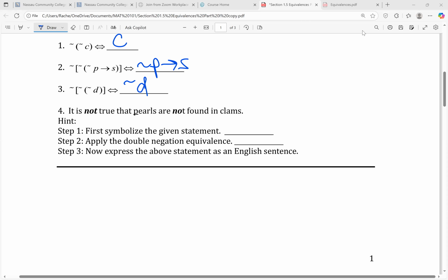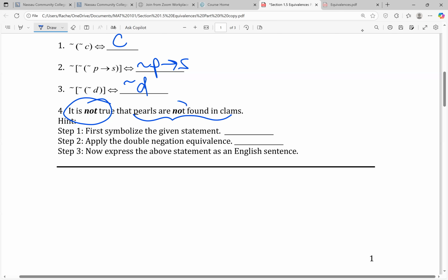So let's symbolize the given statement. It says, it is not true that pearls are not found in clams. The simple statement is that pearls are found in clams, and what we're doing is negating it because we're saying it's not true that. So we're going to use P to represent pearls are found in clams.